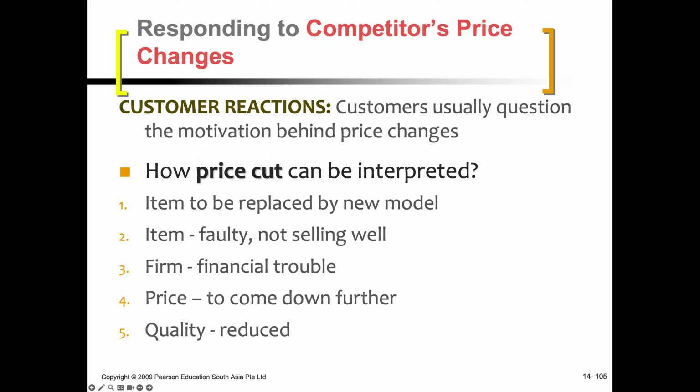For example, the item is to be replaced by a new model, which we call clearance sales. Or the item is faulty, or not selling well, or the company is in financial trouble, so the price may come down further, and there may be a reduction of quality.